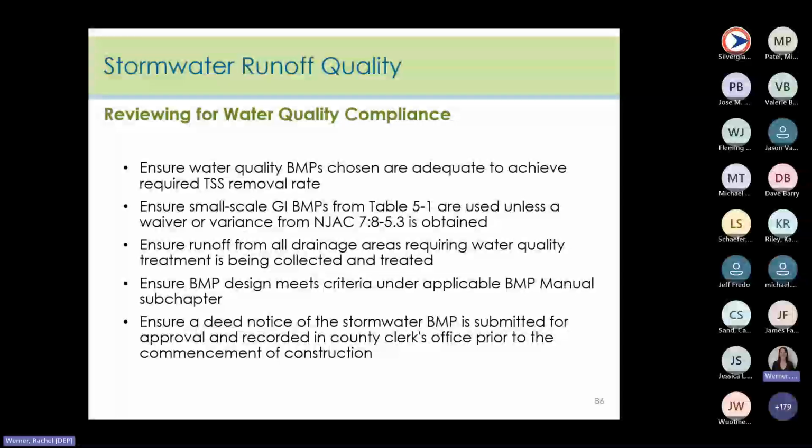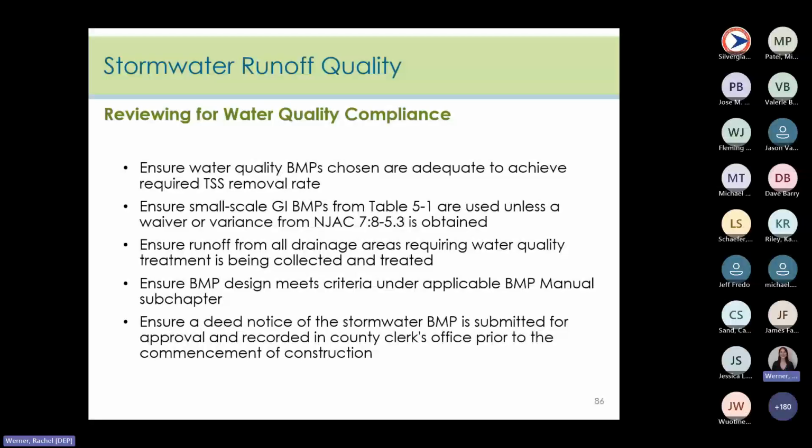So in summary, when reviewing the stormwater runoff quality component of a project, the reviewer must, number 1, ensure water quality BMPs chosen are adequate to achieve the required TSS removal rate. Number 2, ensure small-scale GI BMPs from Table 5-1 are used unless a waiver or variance is obtained.